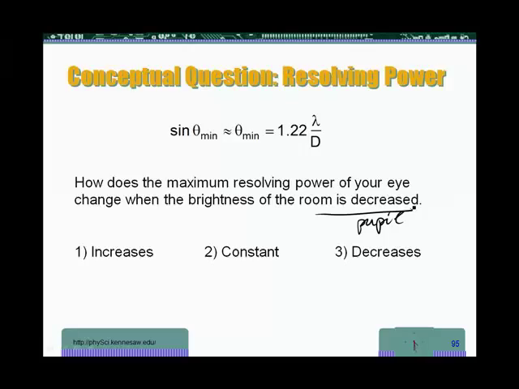Now if your pupil is larger, that means our D is larger. That means the position of the first minimum is going to become closer to the middle. So what happens to the resolving power? It increases.